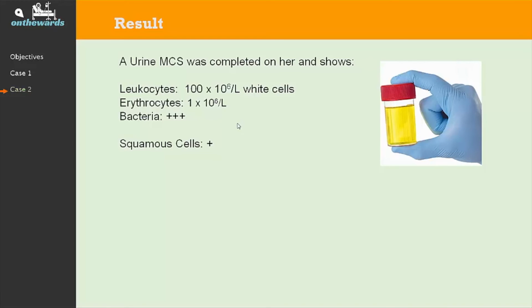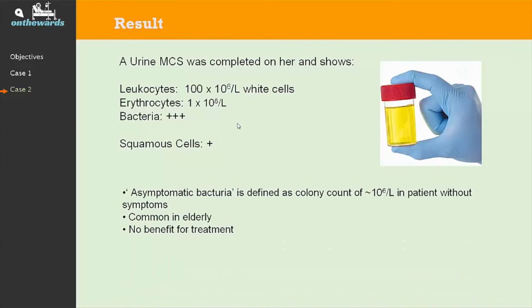So what does that mean? Would you treat? Well, this is what's called asymptomatic bacteriuria. It's defined as a colony count of 10 to the 6 in a patient without any symptoms. It's very common in the elderly, and evidence suggests that around 20% of elderly women in aged care facilities have asymptomatic bacteriuria, and it's not associated with increased morbidity.